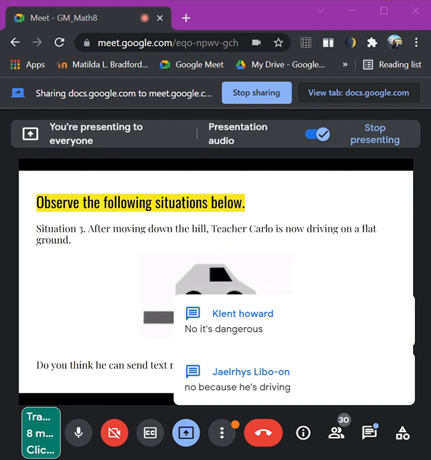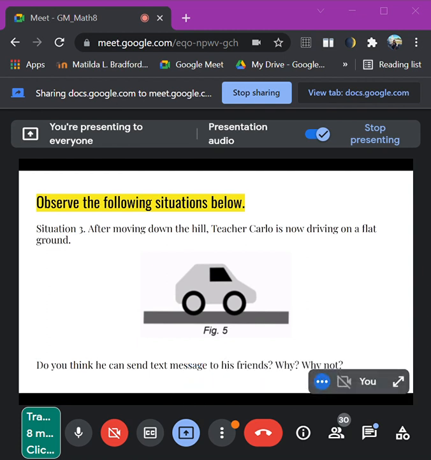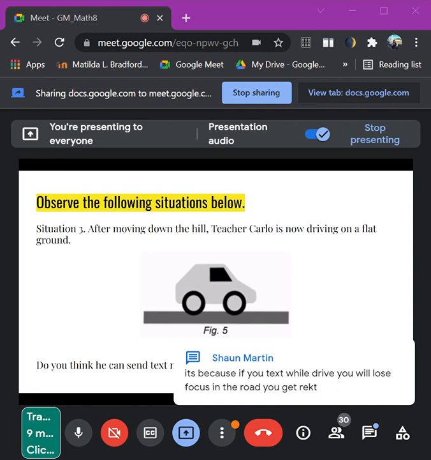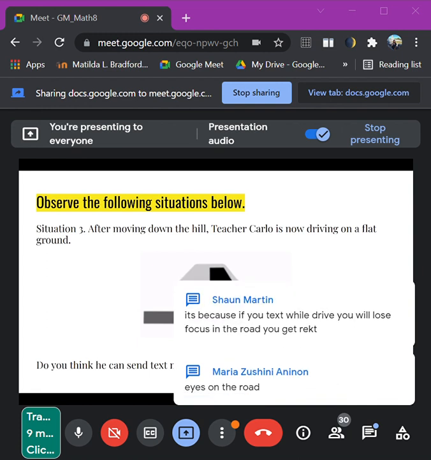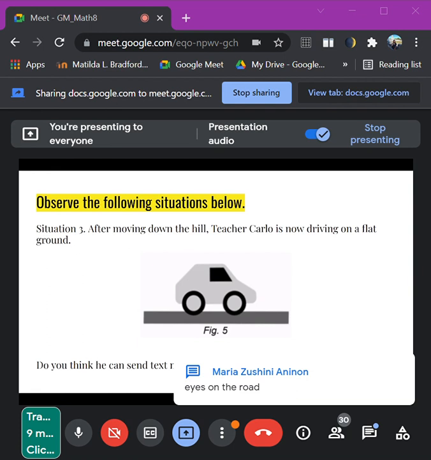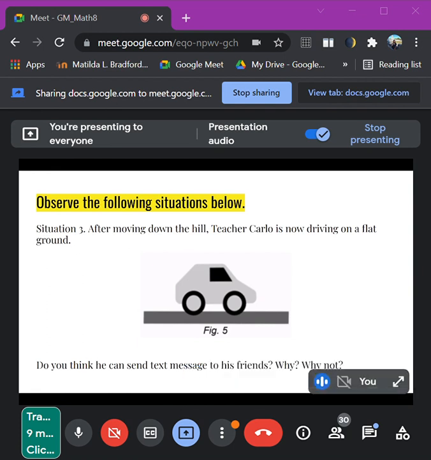Even though he is on the flat surface already or flat ground, he should not be using his cell phone because it is in the guidebook, the rules, that you cannot use your cell phone when you are driving.